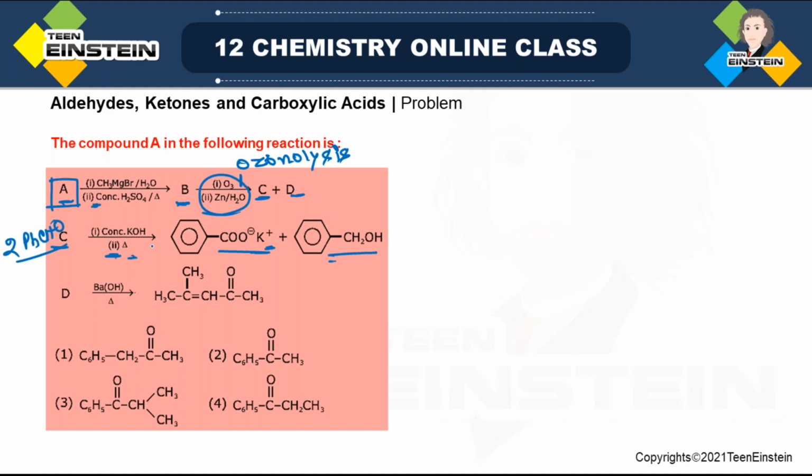And D, when you treat it with Ba(OH)2, barium hydroxide, which is also basically a source of HO minus, you get this molecule. Now this molecule is an alpha beta unsaturated carbonyl compound, because with respect to the carbonyl group, at the alpha and beta position there is unsaturation.